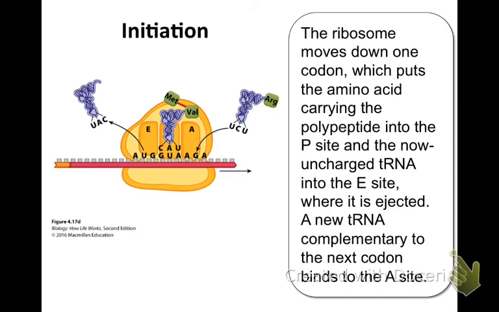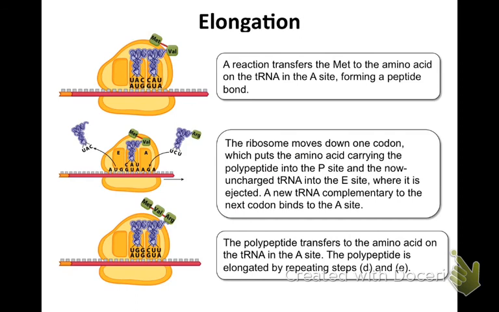The P site will create a new peptide bond between the last amino acid that was dropped off and the new one, and so on and so forth. Now that this charged tRNA goes in here, drops off its amino acid, and binds it to valine in this particular case, what happens after this?